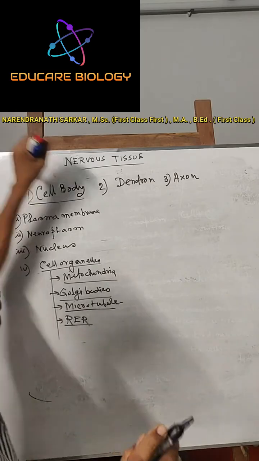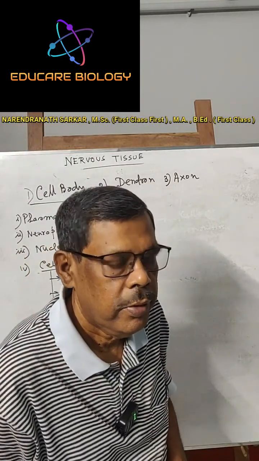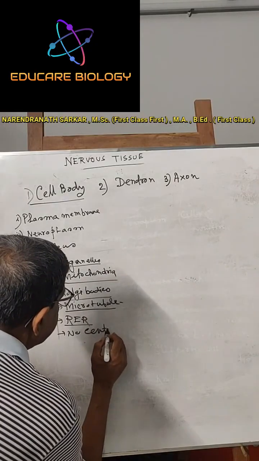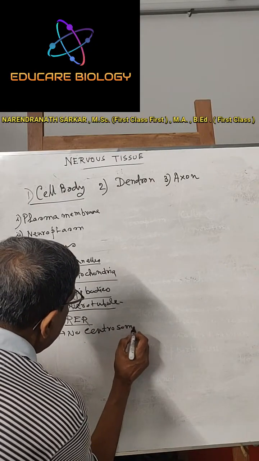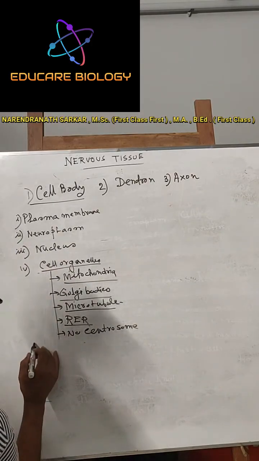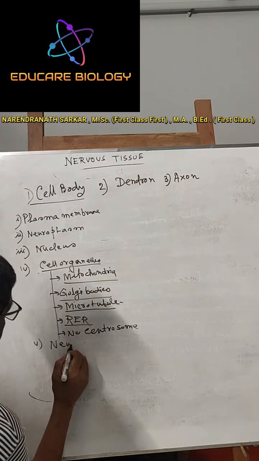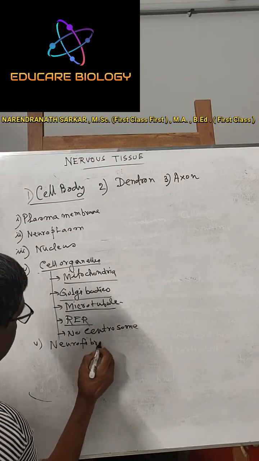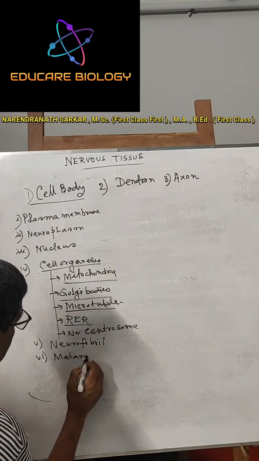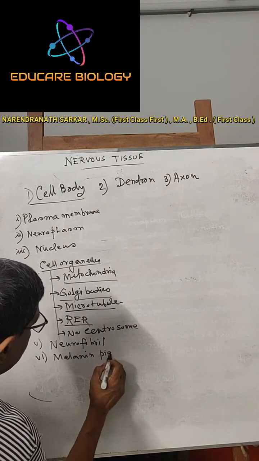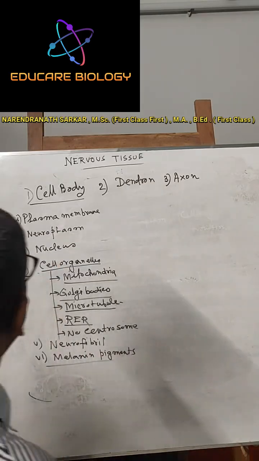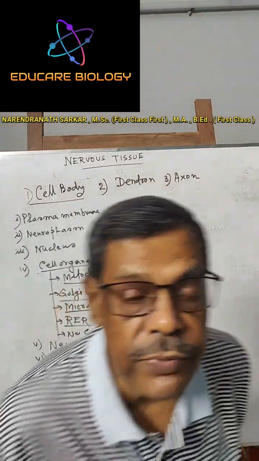But no active centrosome is present. Next, five, neurofibril. Six, melanin pigment, etc. in the cell body.